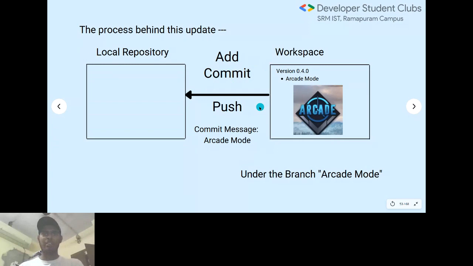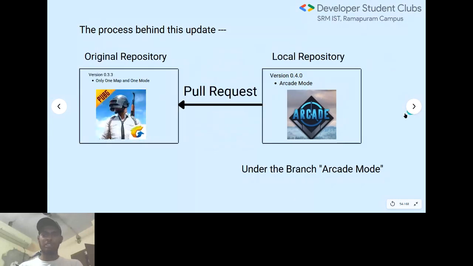After the commit, this arcade mode is there in the staging area. Now from the staging area, you have to update your file, so you do the push command. After the push, this arcade mode gets updated from the staging area to the local repository.